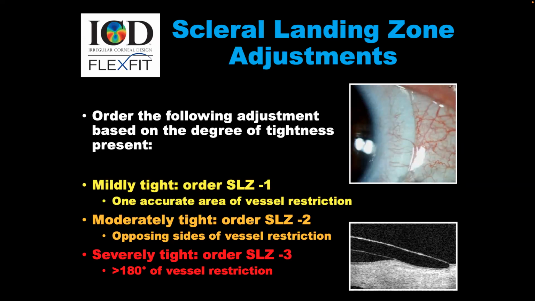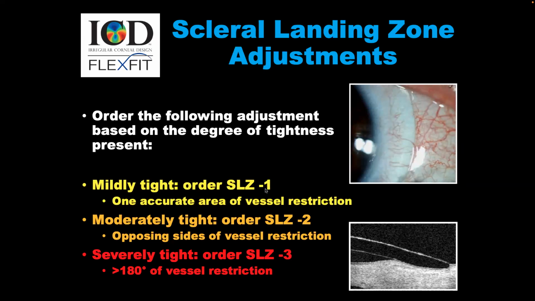So you may need to order a scleral landing zone -1 whenever you're having a mild vessel restriction. Whenever you're seeing opposing quadrants with blanching, then you may want to go to a -2. And if you are seeing more than 180 degrees of vessel restriction, then you may want to go with -3.